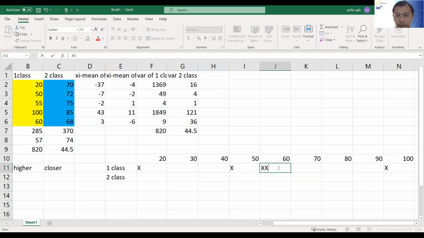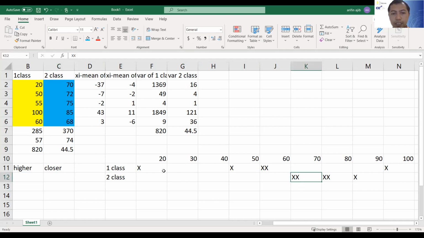For the second class it is around 60, 70, 72, 75, and then 70, 75, 85.